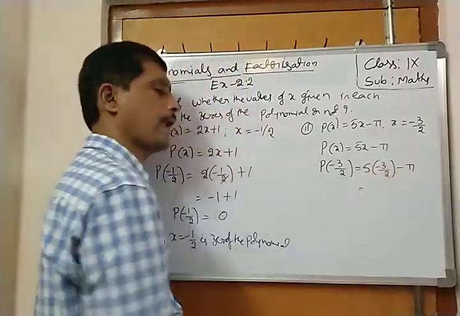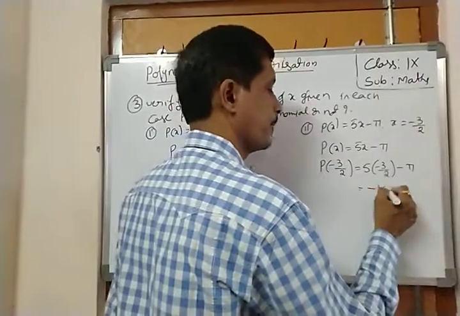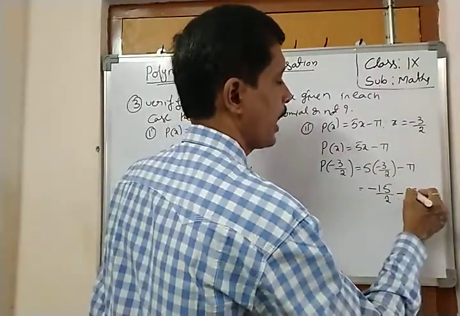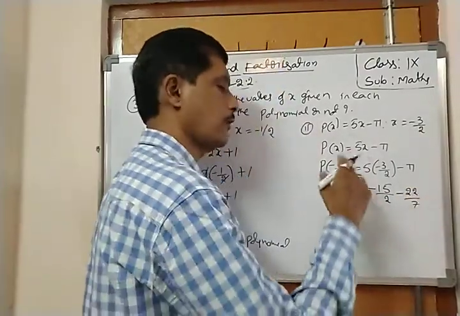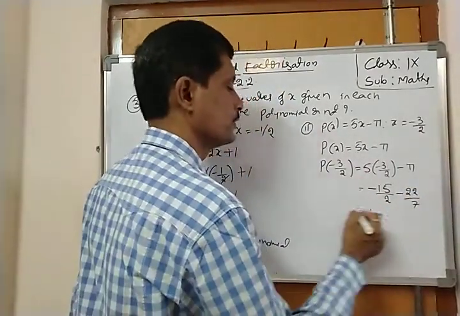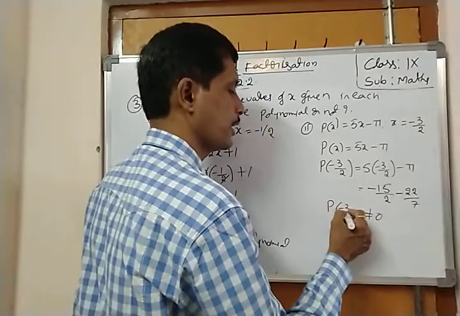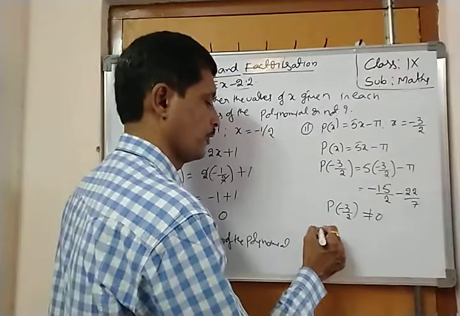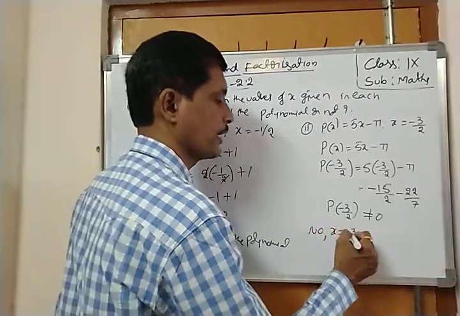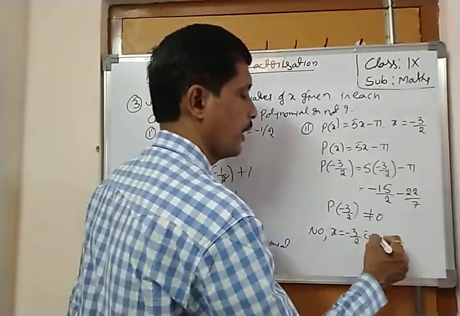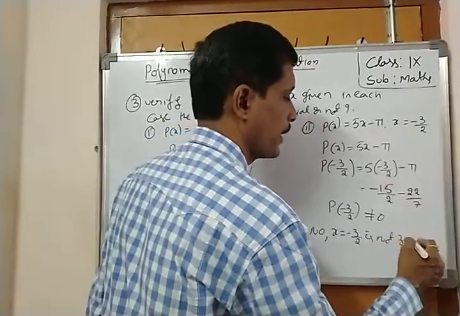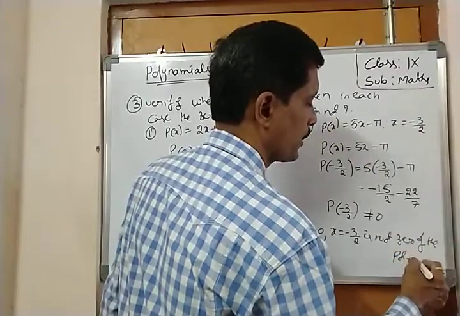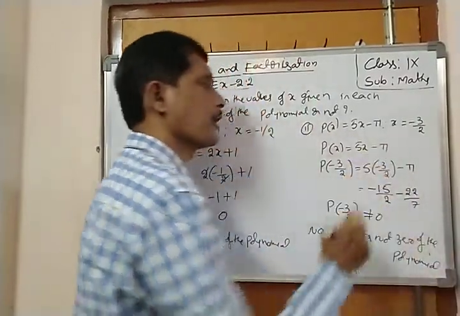Here 5 into minus 3 by 2 is minus 15 by 2, and after simplifying we get some value, which is not equal to 0. p of minus 3 by 2 is not equal to 0. No, x equals minus 3 by 2 is not a zero of the polynomial.